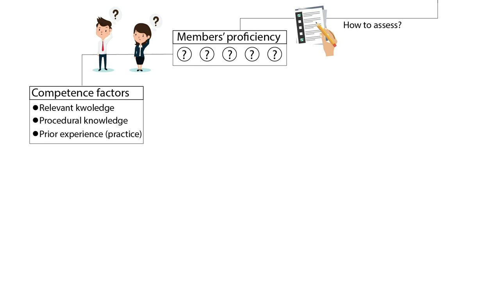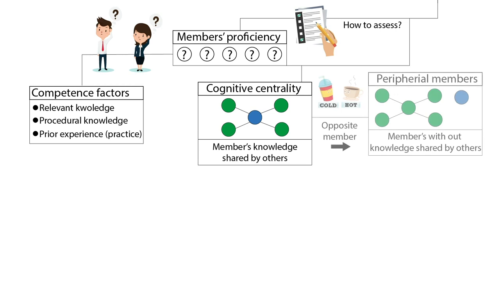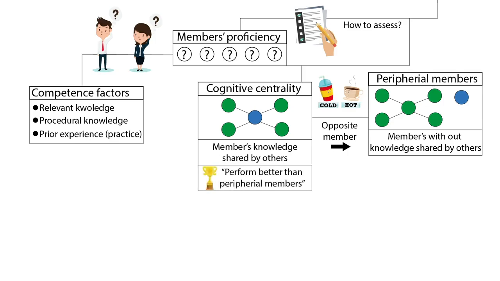Another associated concept is cognitive centrality, which is the degree to which a member's knowledge is shared by others in the group. The contrary members are identified as peripheral members. Some studies support that central cognitive members do perform better than peripheral members.